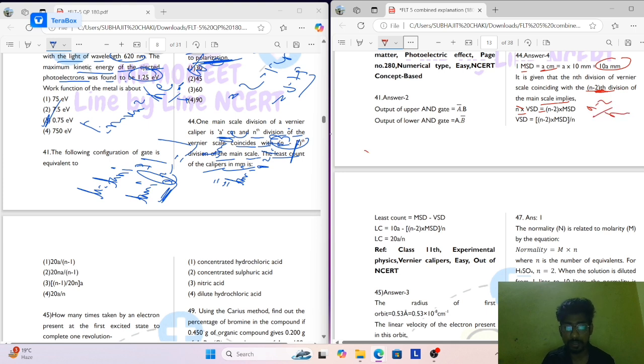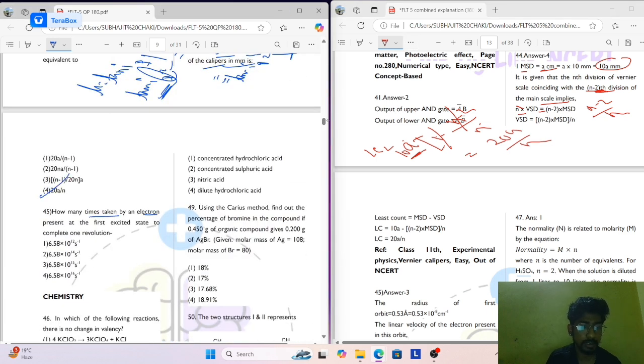Therefore LC will be 1 MSD minus 1 VSD, equals 1 MSD into 1 minus n minus 2 divided by n. So it will be 10 millimeter, and n minus n cancels, giving 20 by n.